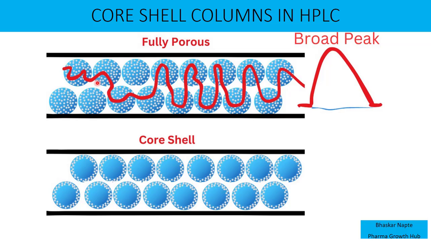But what happens once the sample solution gets injected onto a column containing core shell particles? These are particles which have a very minimum difference in particle size. The particles are of equal size. This is one advantage. The second important advantage is that the analyte is going to interact only with the surface of these particles, because the porous active sites are only present on the surface.